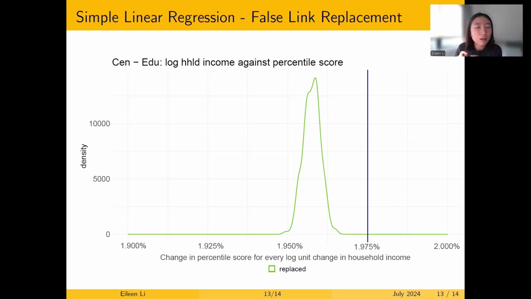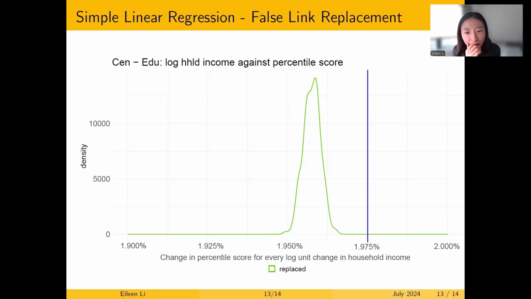This bell curve also indicates the 95% empirical confidence interval. So no overlap indicates that the bias is statistically significant. However, I'm showing you a statistically significant result on a tiny scale that goes from 1.9% to 2%. And that's for an outcome that ranges from 0% to 100%, which is the percentile score.